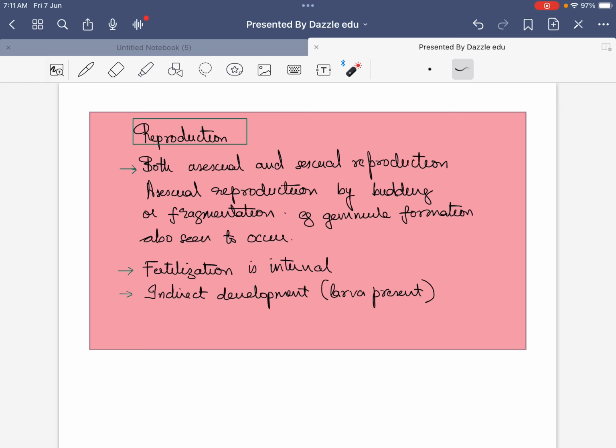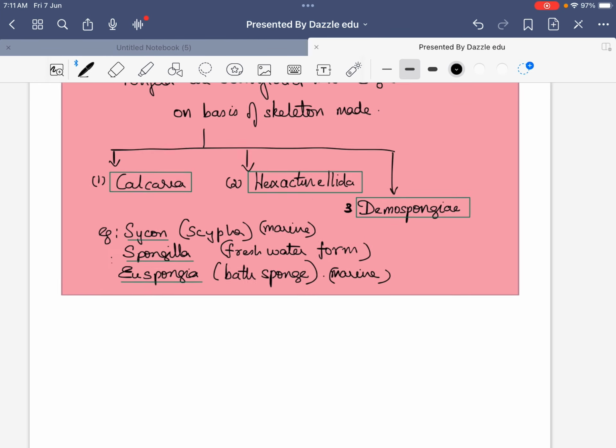Gemmules are considered internal buds formed in the freshwater forms. They are hermaphrodite in nature. Fertilization is internal, and they produce larvae, so they have indirect development. The larva that they produce is called the amphiblastula, and that's all about the reproduction process.